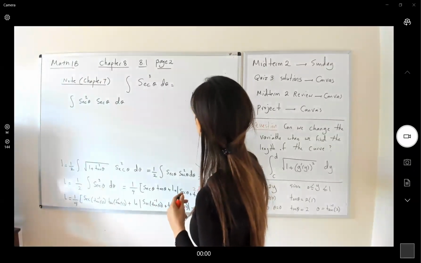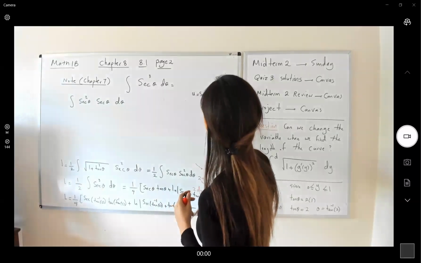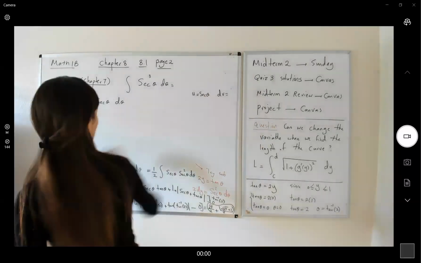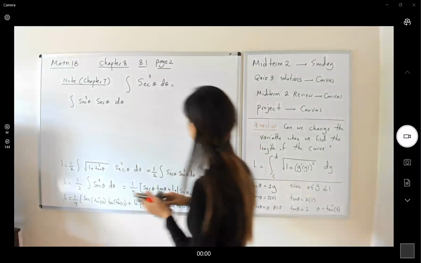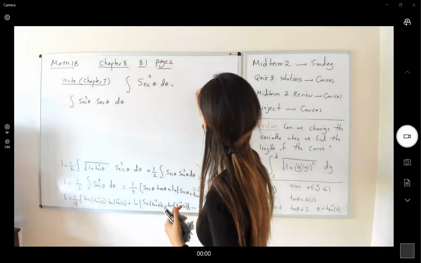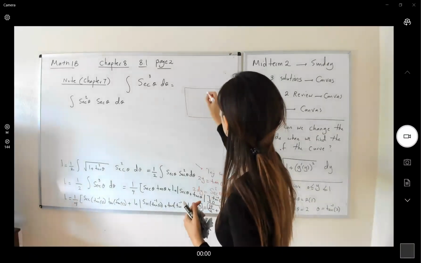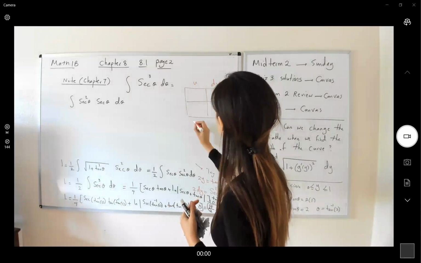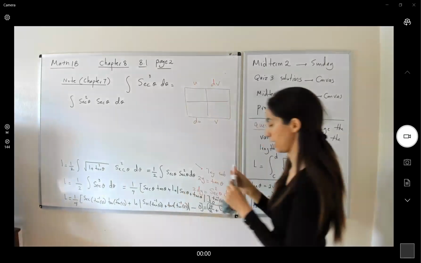U is secant theta, dv equals secant squared of theta. Let me form that little table for you. U, dv, du, and v.